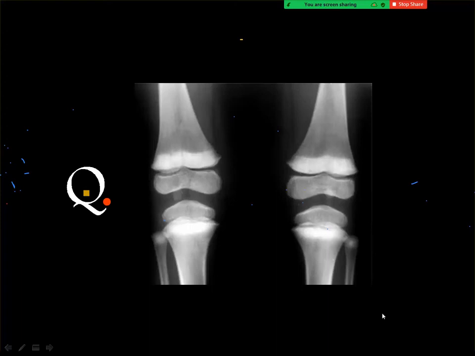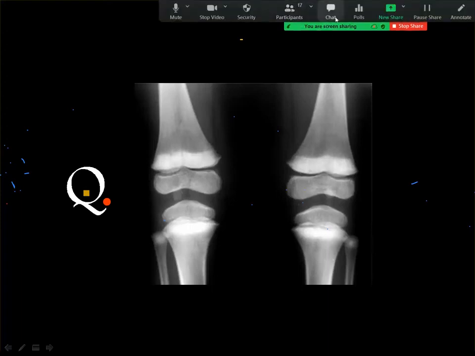And actually, there is a long list of possibilities for this. But in the exam, we would like you to mention one or two of the lesions that can be associated with metaphyseal bone sclerosis.